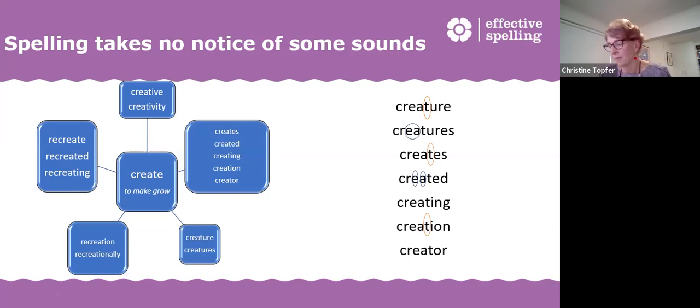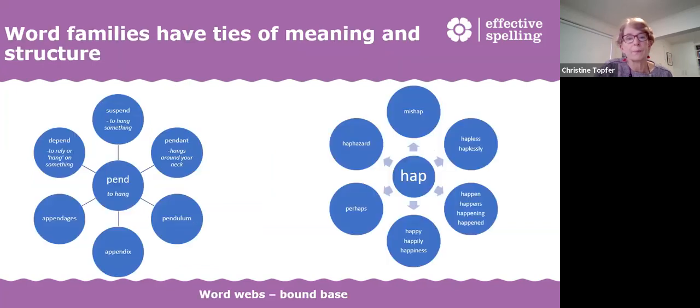The spelling system allows the sequence of letters EA to be read as a single sound or as two successive sounds, but we always write them CREATE. So this is very powerful for our students.